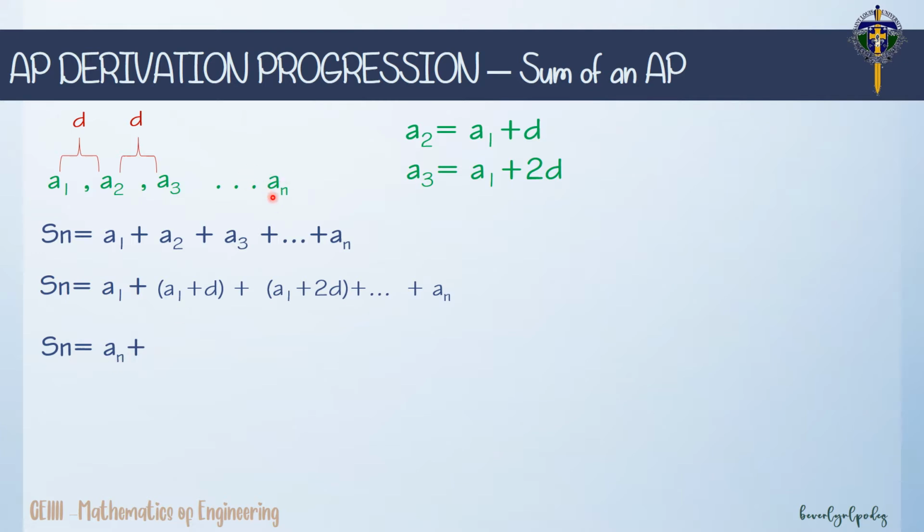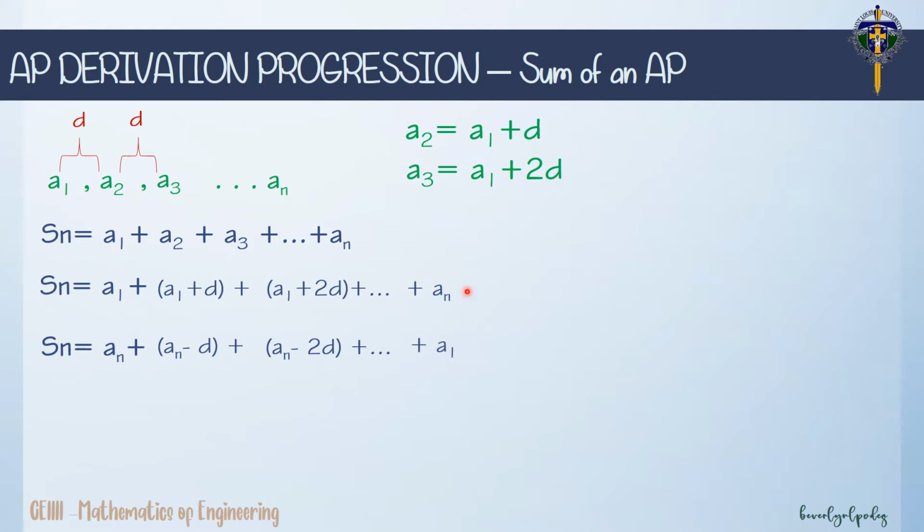If this is the last term, the second to the last term is simply the last term minus the difference. So that is simply a of n minus the difference, plus the next term, a of n minus twice the difference, and so on and so forth up until the first term, which is a of 1.